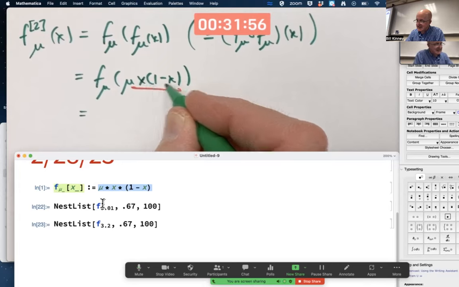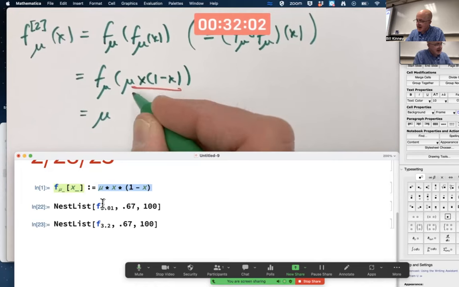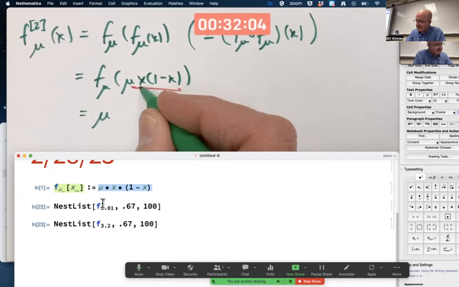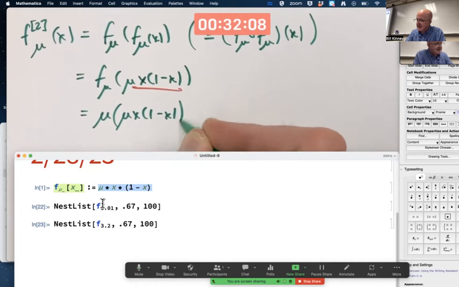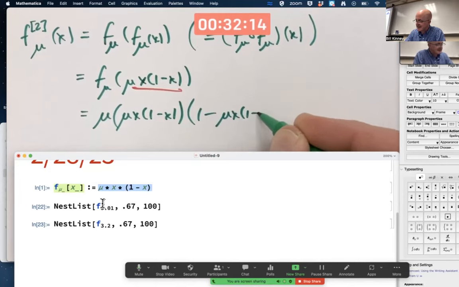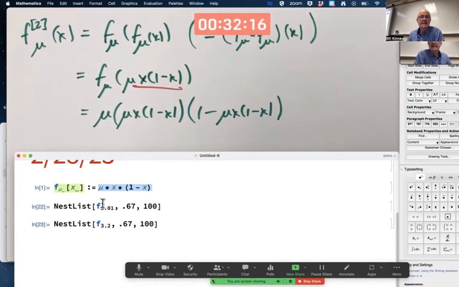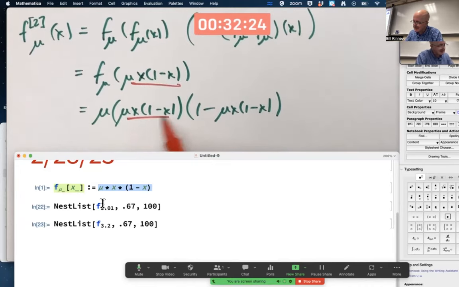I got to replace each of these x's with this entire thing, right? It's a little confusing. Mu times x, this x gets replaced with mu x times 1 minus x, times 1 minus x. That x gets replaced with mu x times 1 minus x. There it is.